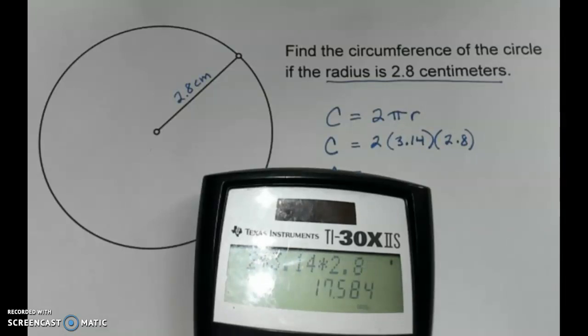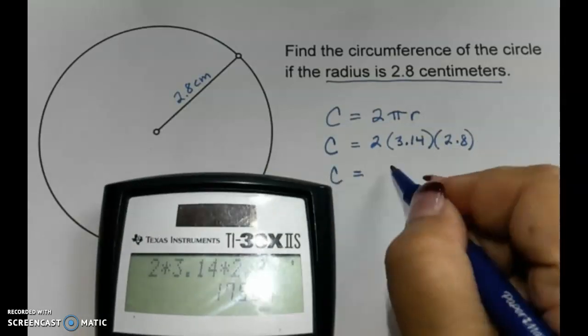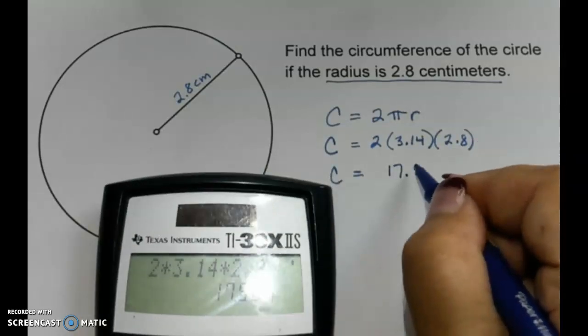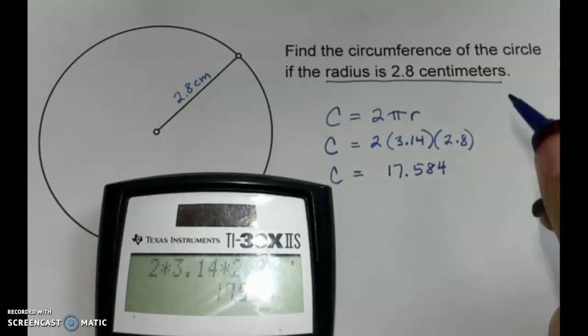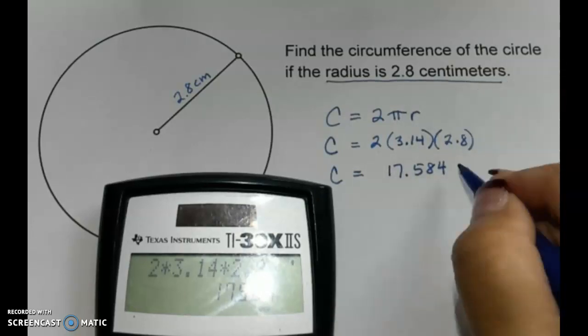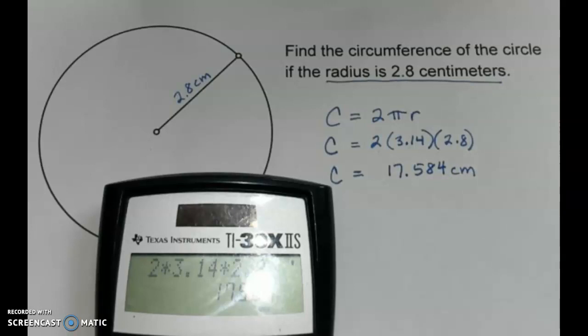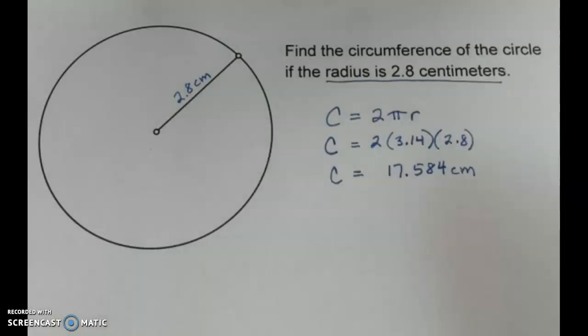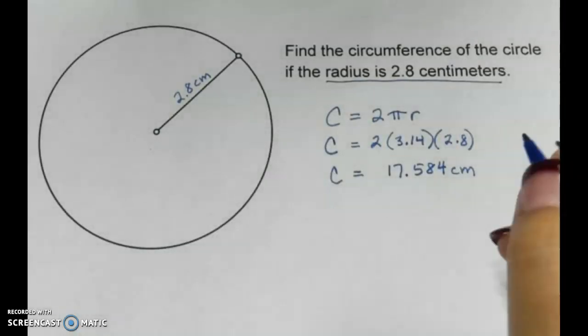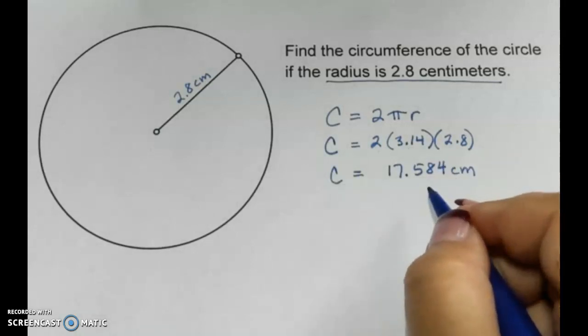Okay, once I hit equals, I get an answer of 17.584. My label in the problem was centimeters. That means that my circumference will be 17.584 centimeters.